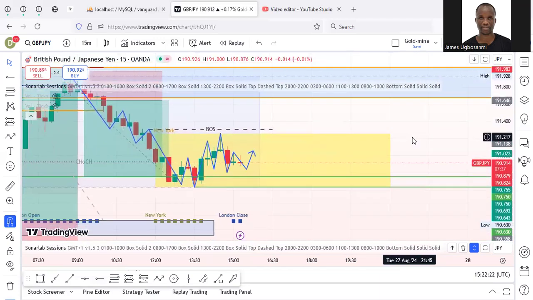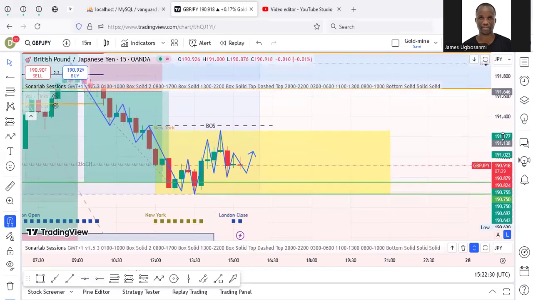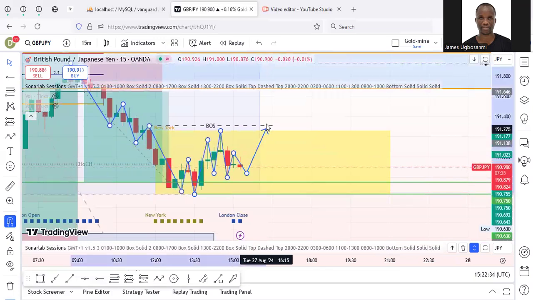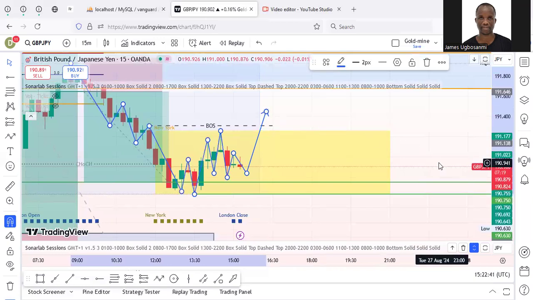In order for us to see a potential buy, that the market wants to go up, we are expecting that the market should move above this thing, at least break above this price level. Are you getting it? Yeah.